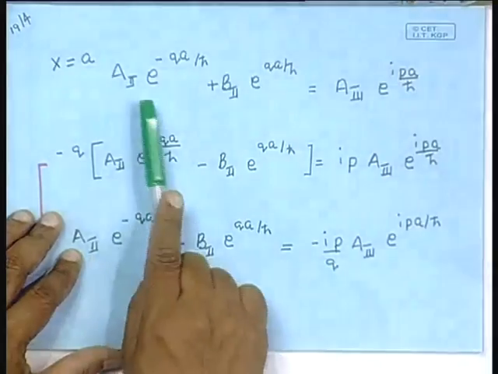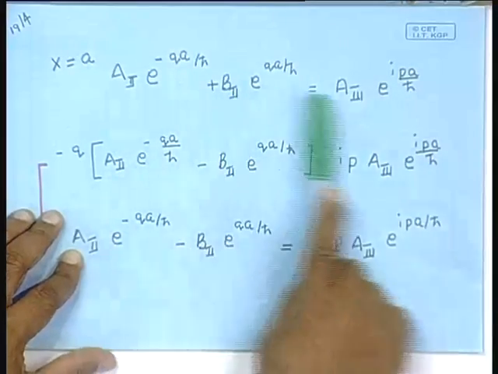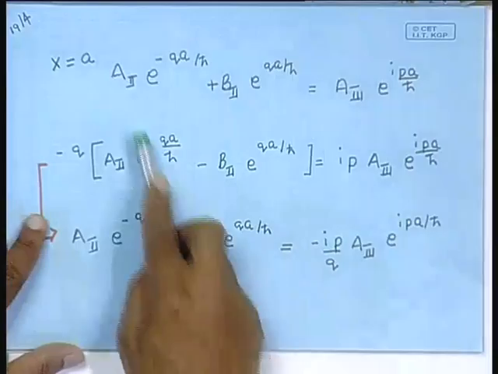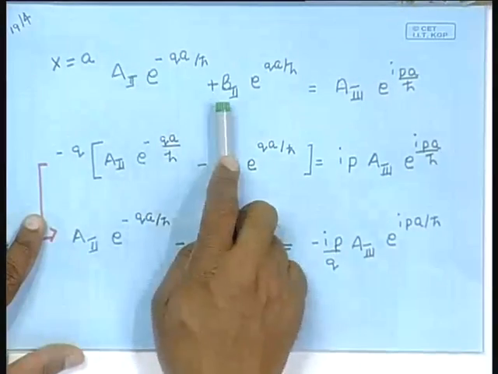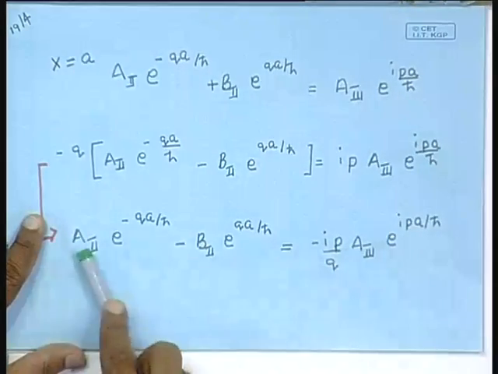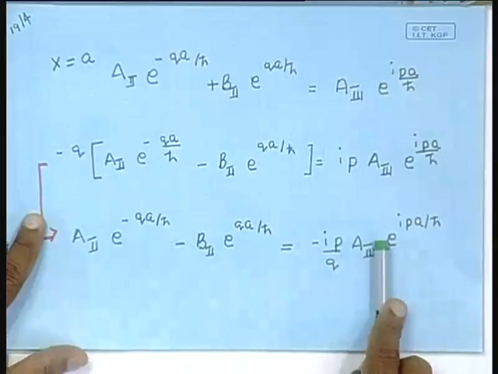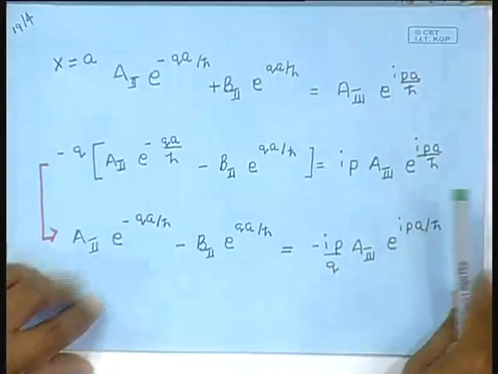So, this gives us relations between A2, B2 and A3. B3 is already set to 0 because there are no particles incident from the right. So, we have two relations between A2, B2 and A3. This comes from the continuity of the wave function, this comes from the continuity of the first derivative.